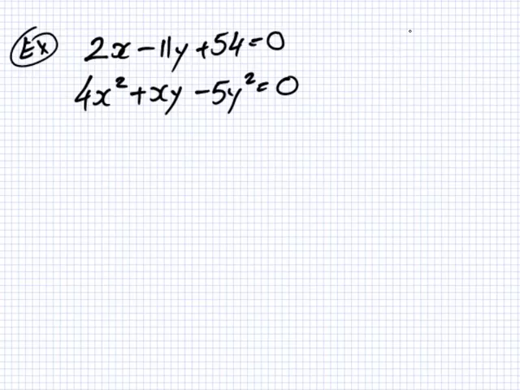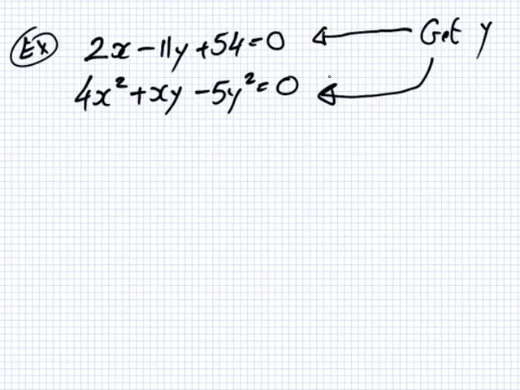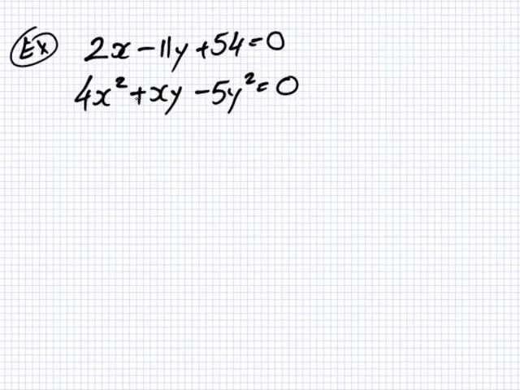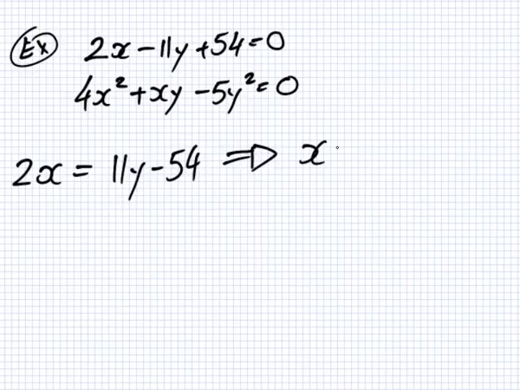What we should do is try to get something like x or y in the first one, and then put it into the second one. It doesn't really matter which one you get, if it's x or y. So if you were to take the first one, I'll go with 2x. 2x equals 11y minus 54. So then that means that x equals 11 over 2 y minus 27.